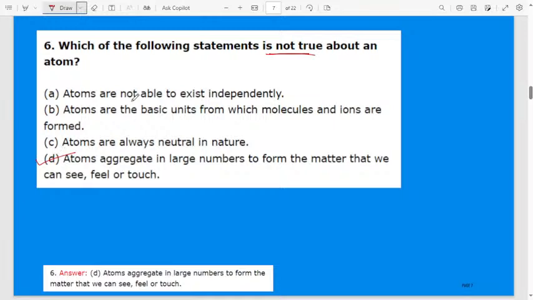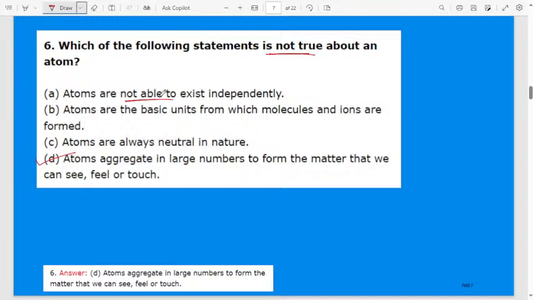Atoms are not able to exist independently. Yes, independent atoms we will not get. Atoms always exist in the combined form. Atoms are the building units from which molecules and ions are formed. Yes, we consider atoms as building blocks, because from groups of atoms only we get molecules and also ions.